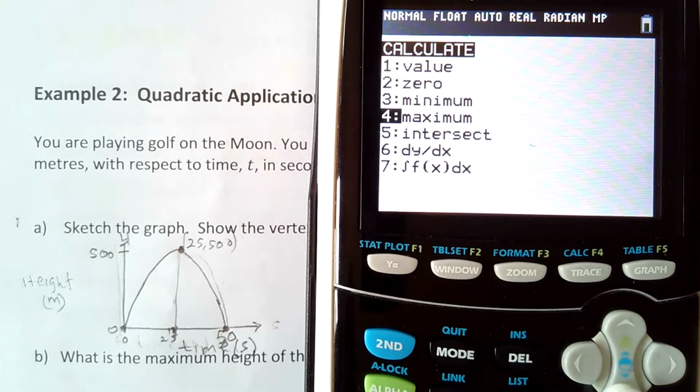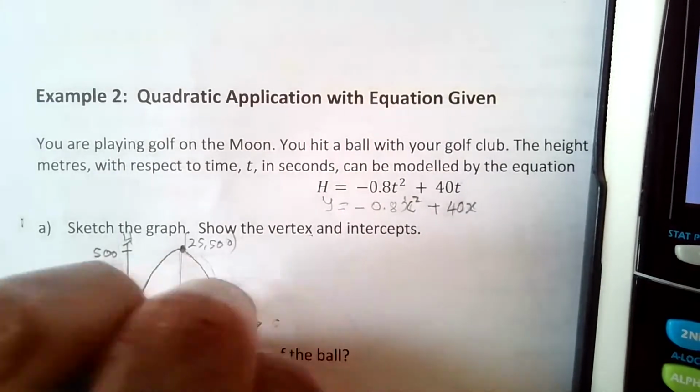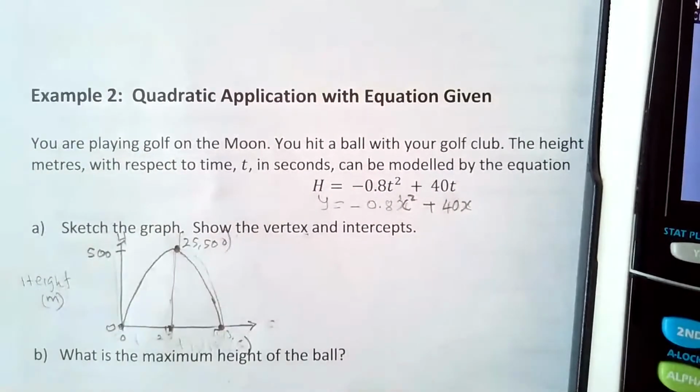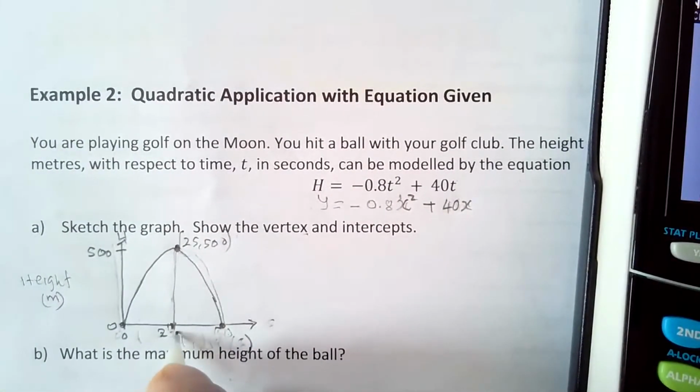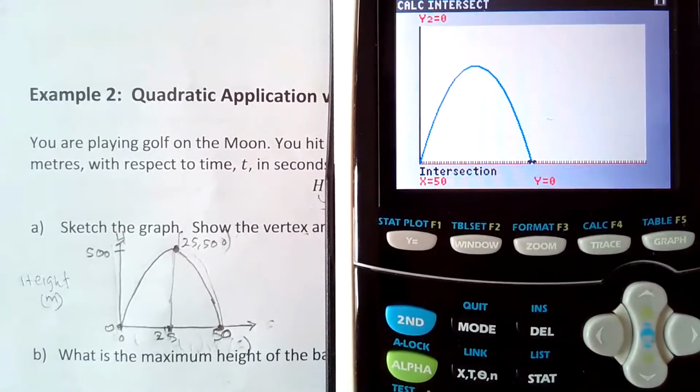I want to find intersect. So I press enter 3 times, and there it is, 50. So this is 25, so this is 50. This is one of your intercepts.